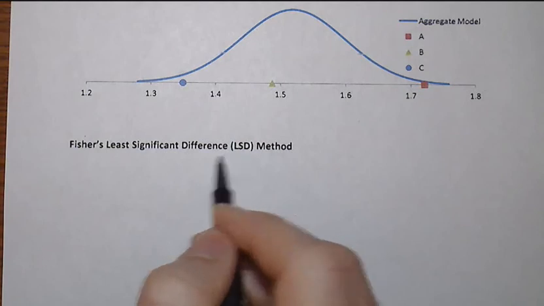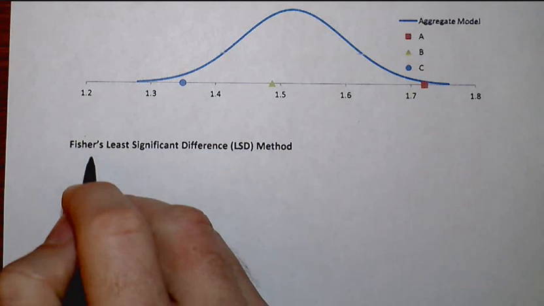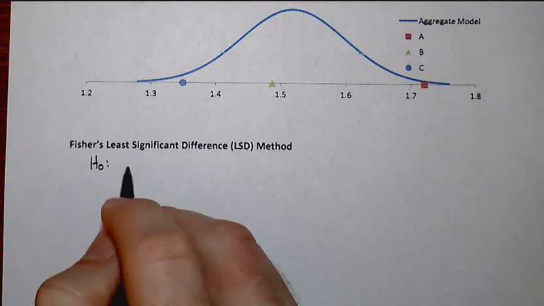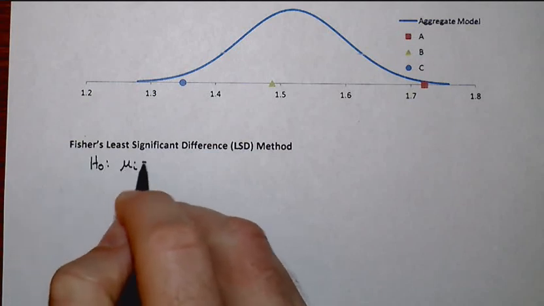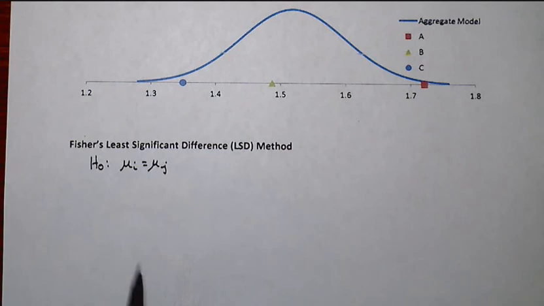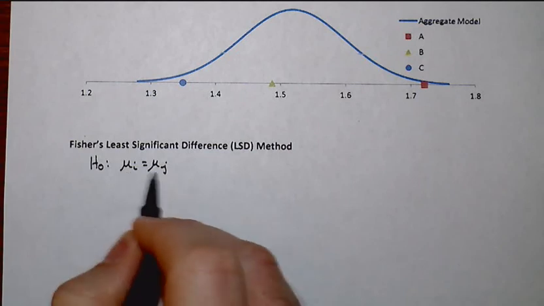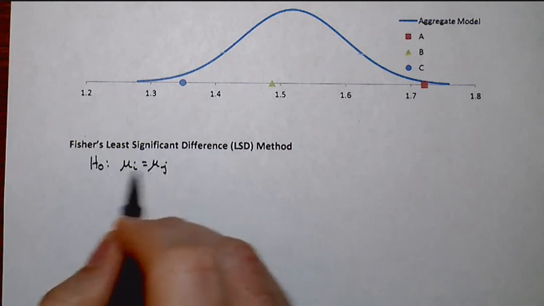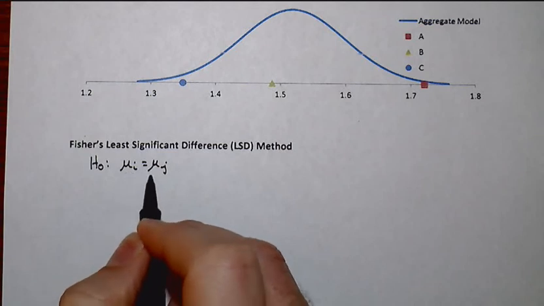So the LSD method here is going to have a null hypothesis that says that between just two of these levels or treatments, the means are the same, but only two now. We're going to break this apart.